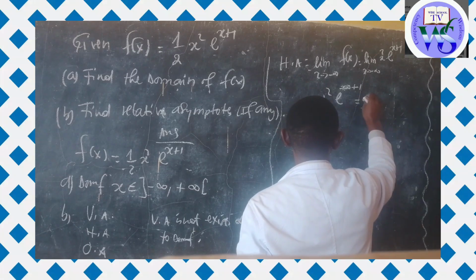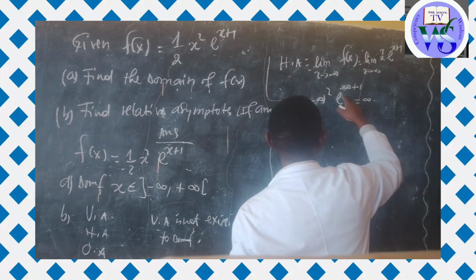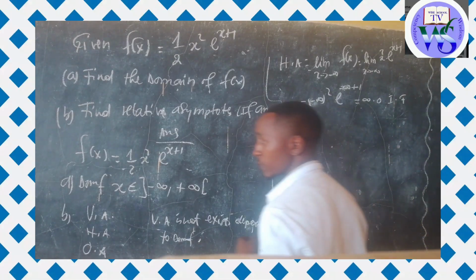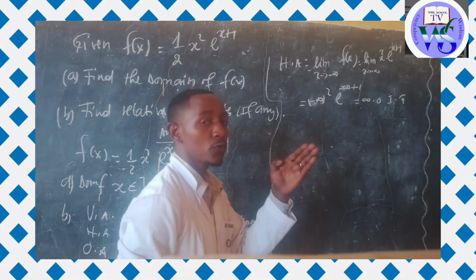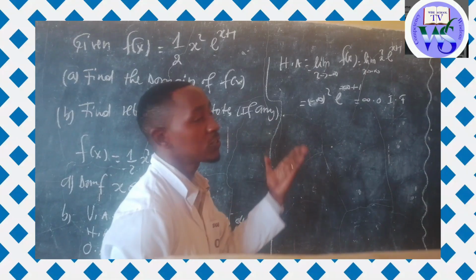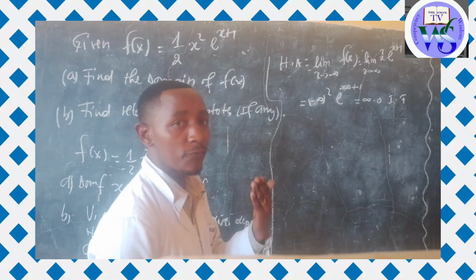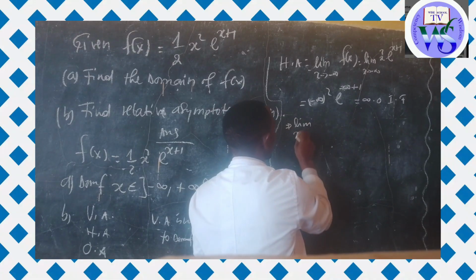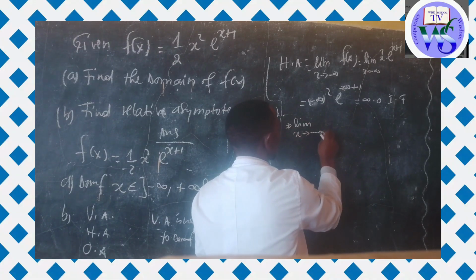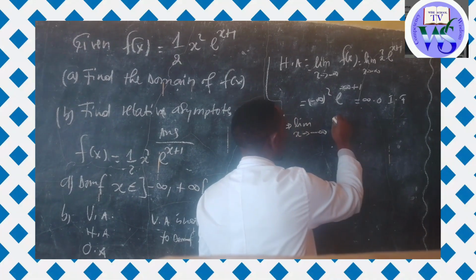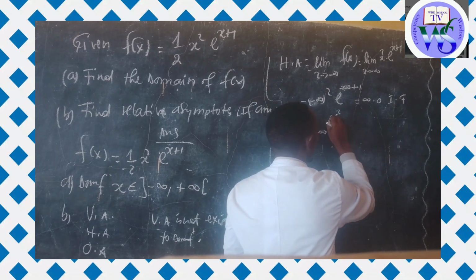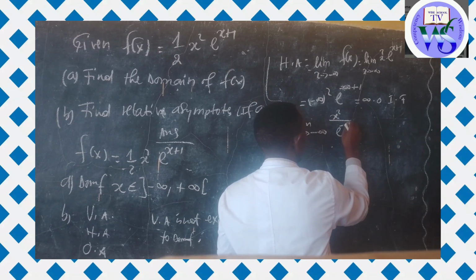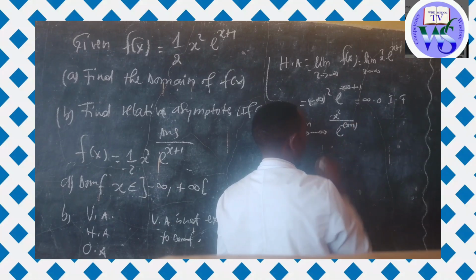This is infinity times e power minus infinity, which is infinity times 0, an indeterminate form. So we change this indeterminate form to infinity over infinity. This is the same as the limit of x to minus infinity of x squared over e power minus x plus 1.